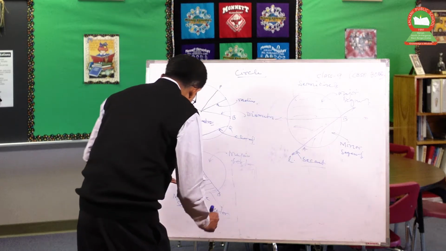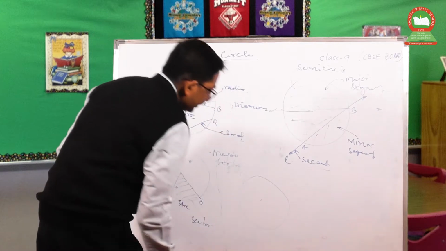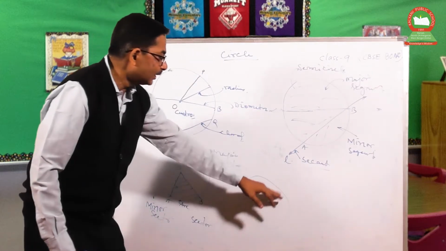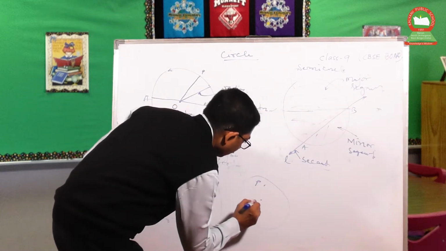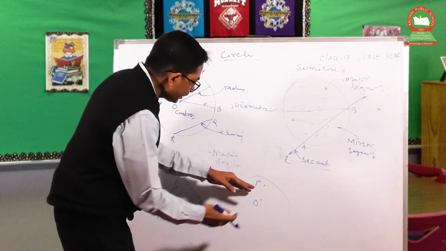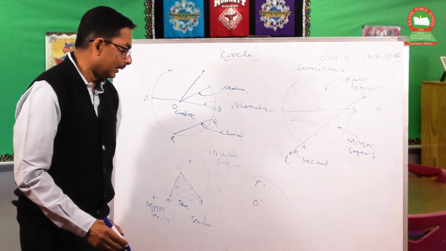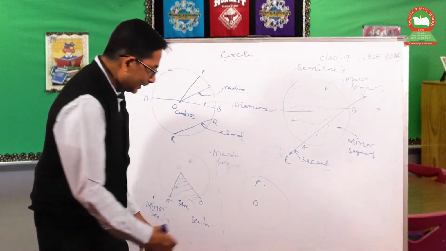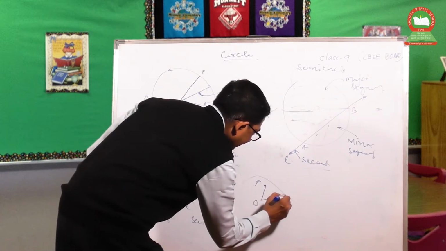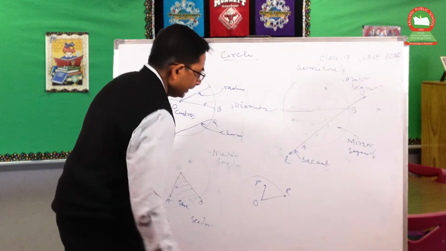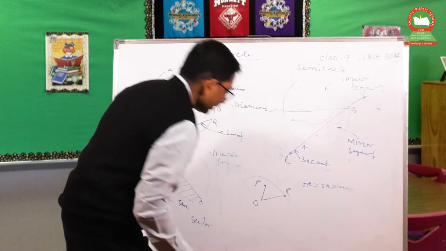Next is the position of a point, whether it is outside or inside the circle. Suppose a point P, and O is the center of the circle. Whether P is within the circle, outside the circle, or on the circle depends on comparing OP with OR, where OR is the radius of the circle.